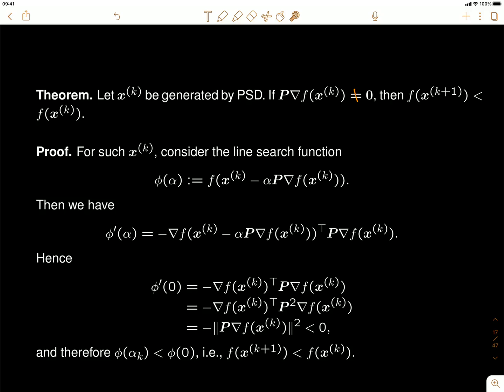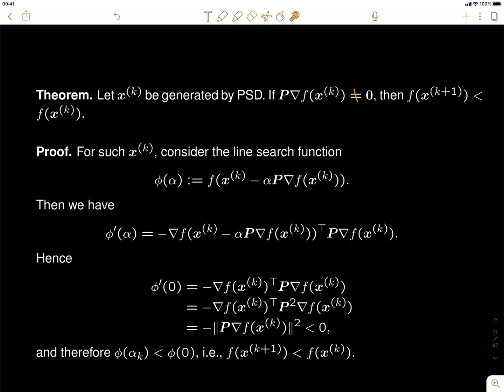We first apply the gradient of the outside function f, so that gives us that, and then we take the gradient of the inside. So the inside here is a function of alpha, but it's a linear function of alpha. So when we take the gradient of this with respect to alpha, we will get negative of P times this, because this is the thing multiplied to alpha. Okay, so we have this and also the negative right here.